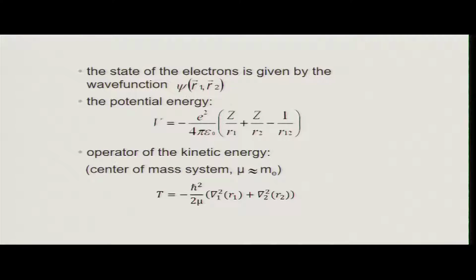The kinetic energy of the system would also depend on 2 of them, but the potential energy part is the one which has the difficulty, because the electron-electron repulsion part depends on the R12 coordinate, which is a coupled coordinate.